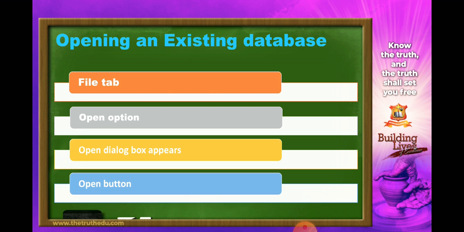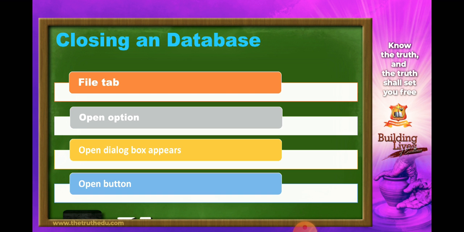I repeat, your file will not open. That is because of the simple reason that you need to first open the application which you want to open and then open the file which is related to that, right? So we'll move to the next point, which is closing a database.